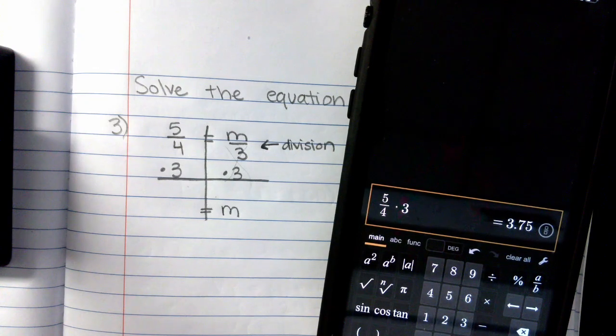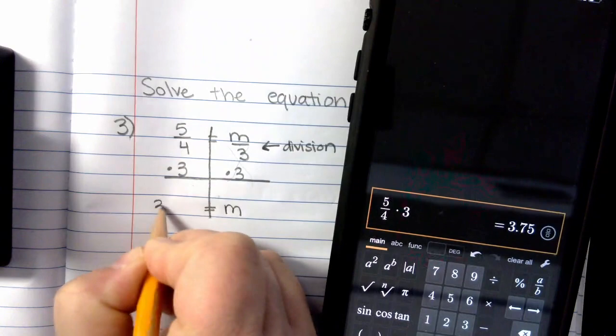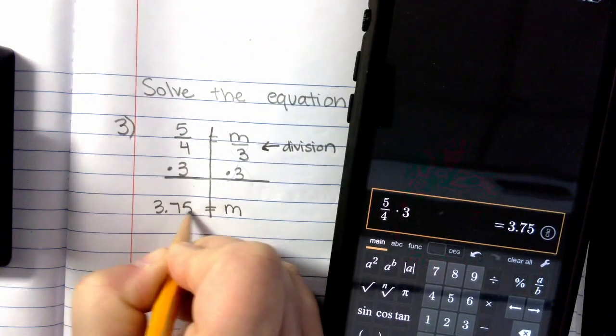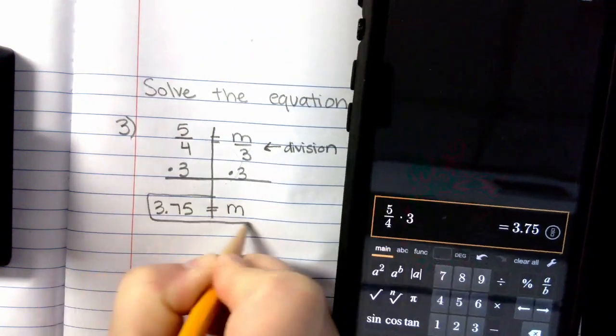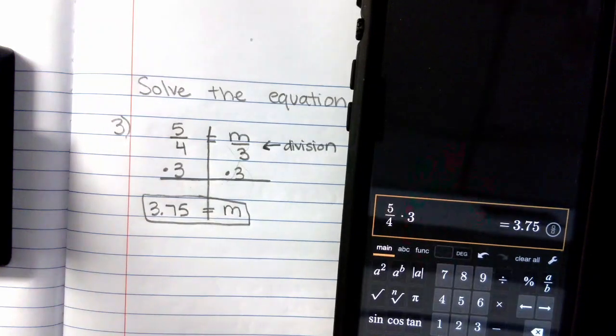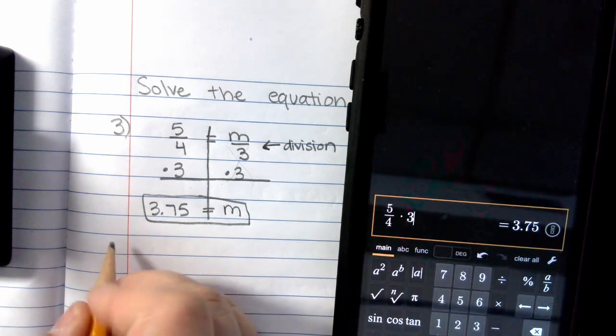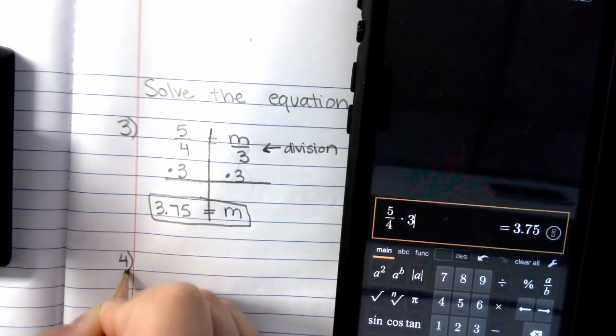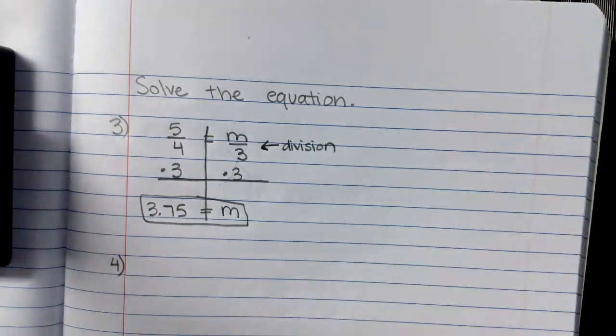All right, last one, number 4. Number 4, we have 7 over n minus 5 equals 6 over 9.